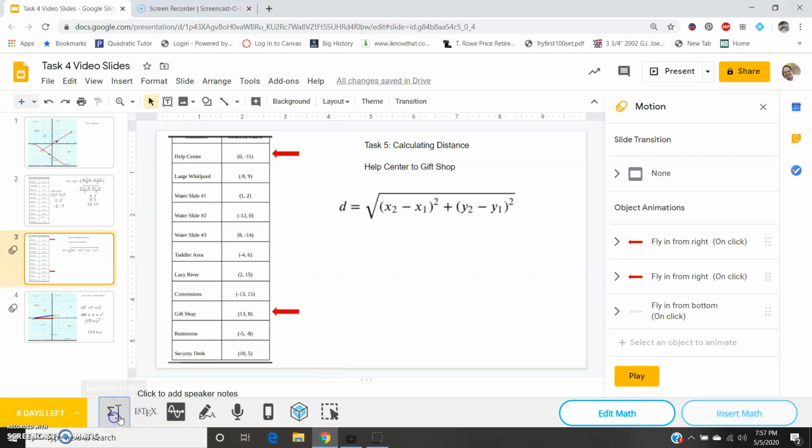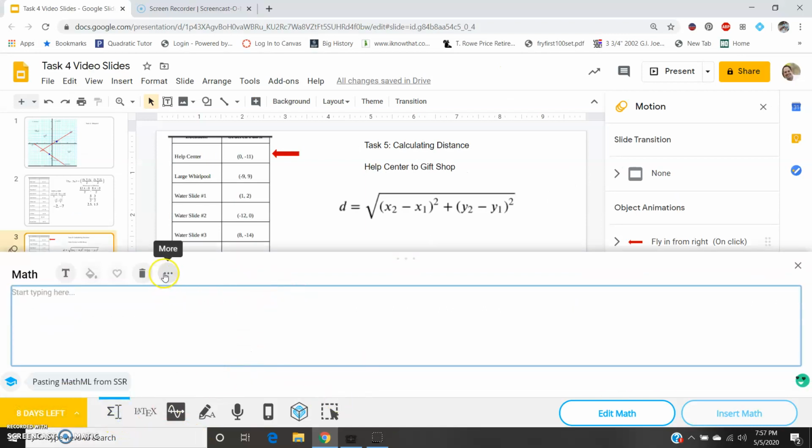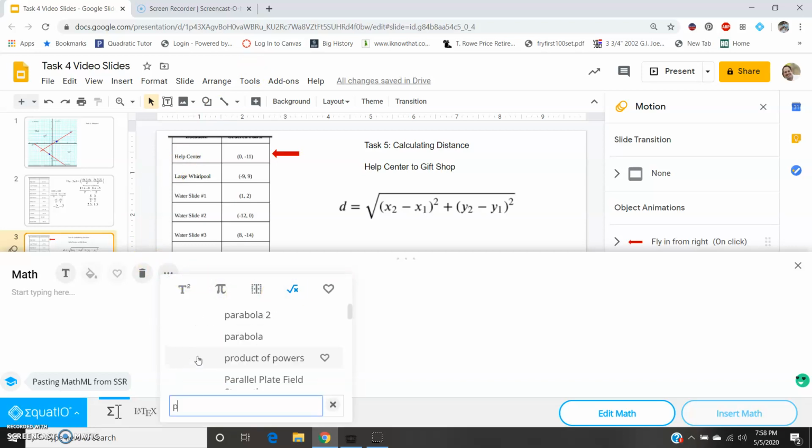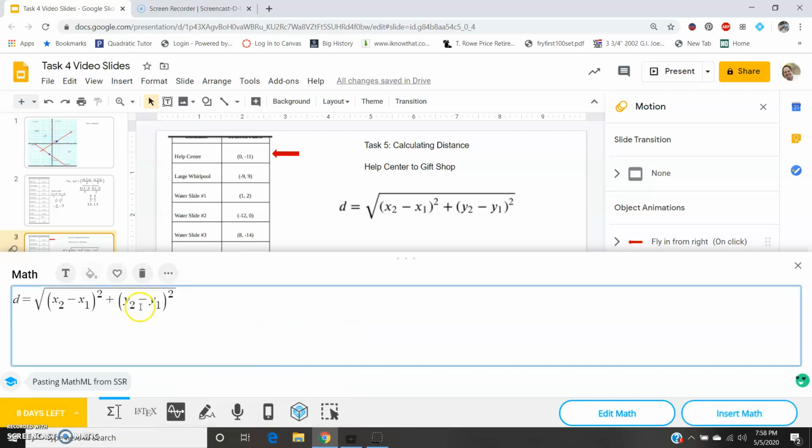I go into Equatio, click this more button, and I want to type in the distance formula. And there we go, right here. So it fills it in. Now you can make all this stuff by hand if you want to, but it is a little quicker to have this preloaded.